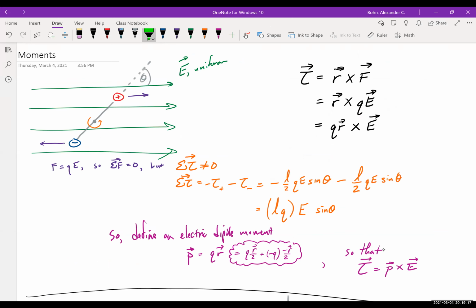So, a picture. Let's think of this as an electron and a proton, or you know what, even better, an electron and a positron, so that they have the same mass.